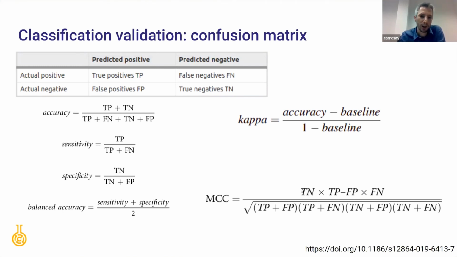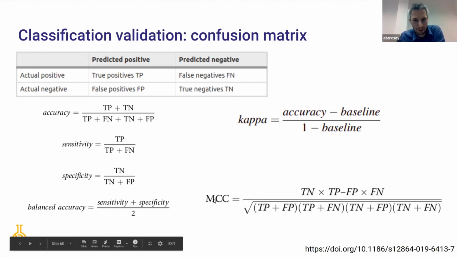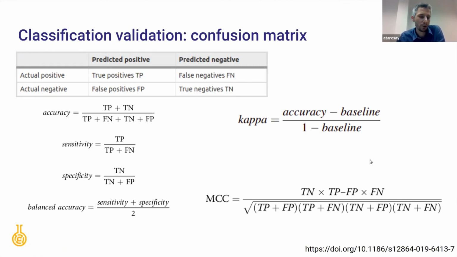And here, what I recommend to use is the Matthews correlation coefficient, which takes into consideration all of the parts of the confusion matrix. Matthews correlation coefficients will be between -1 and +1, anti-correlation and correlation, and 0 means no correlation. And that is because in real life cases, the number of positives and negatives in your sample is unbalanced.